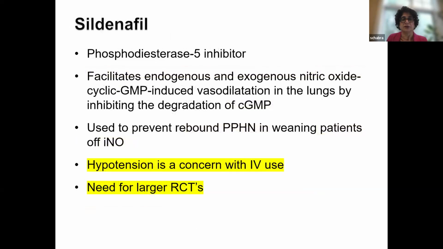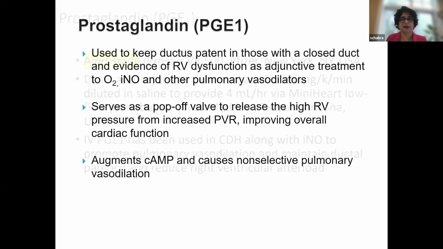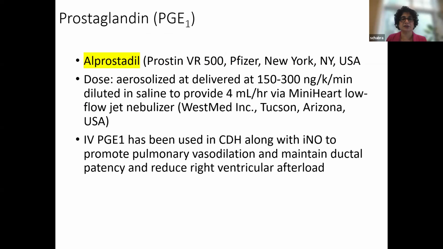Sildenafil, we talked about it, that it's a phosphodiesterase 5 inhibitor, but hypotension is a concern and we need larger trials. Smaller trials have shown benefit. Prostaglandin used to keep the ductus open serves as a pop-off valve, and then you have alprostadil that can be given.